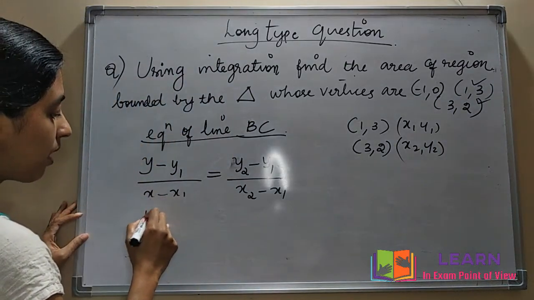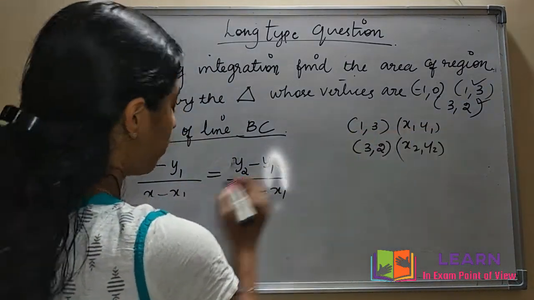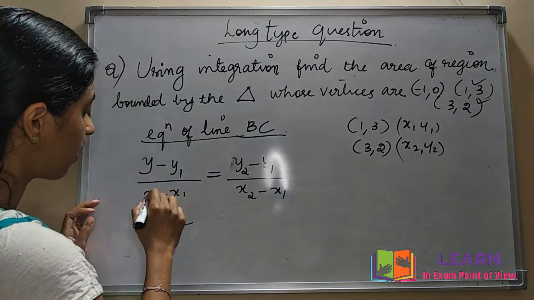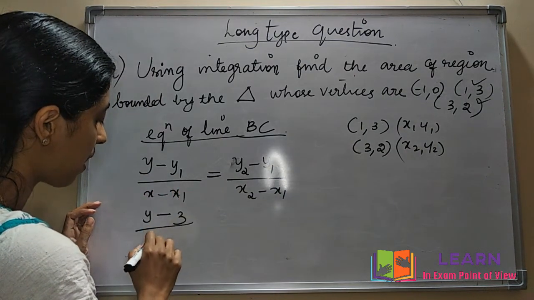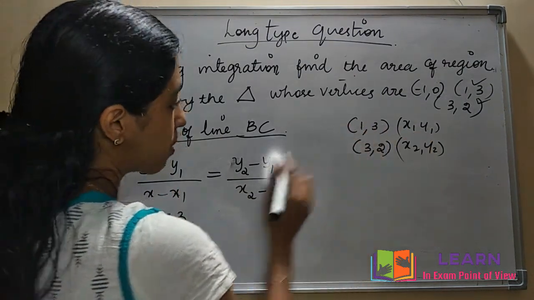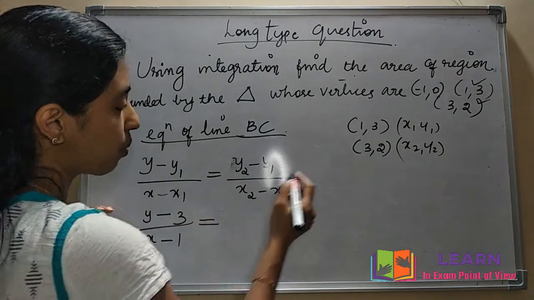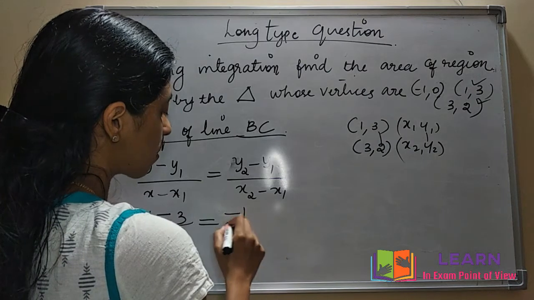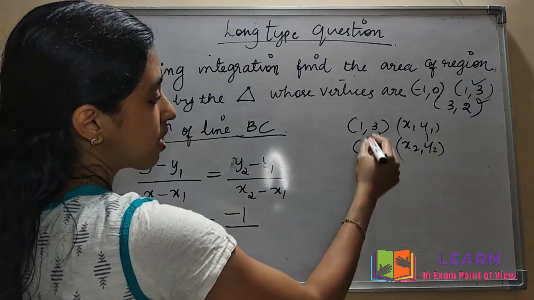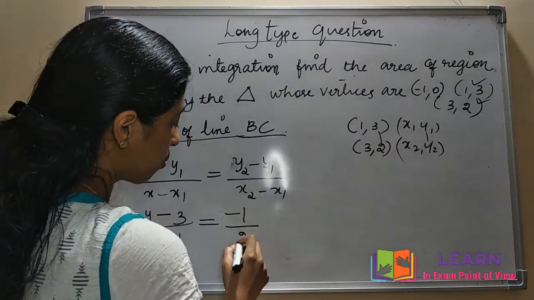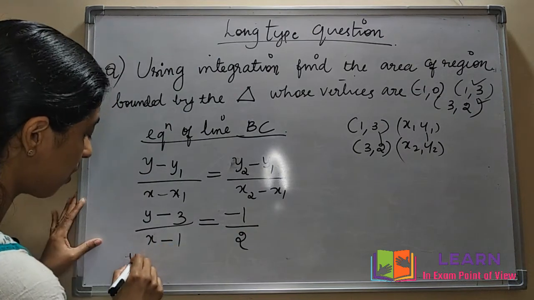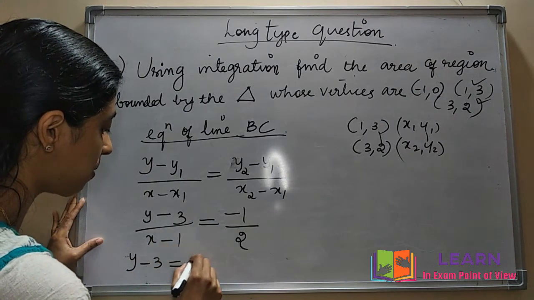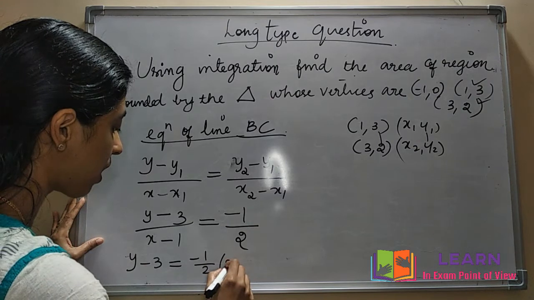Here y minus y1. y1 is what? 3. By x minus x1. x1 is what? 1. Equal to y2 minus y1, 2 minus 3, minus 1, by x2 minus x1, 3 minus 1, 2. So here y minus 3 is actually minus 1 by 2 into x minus 1.